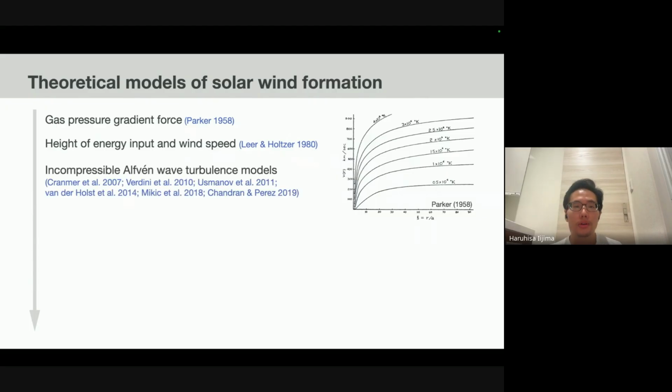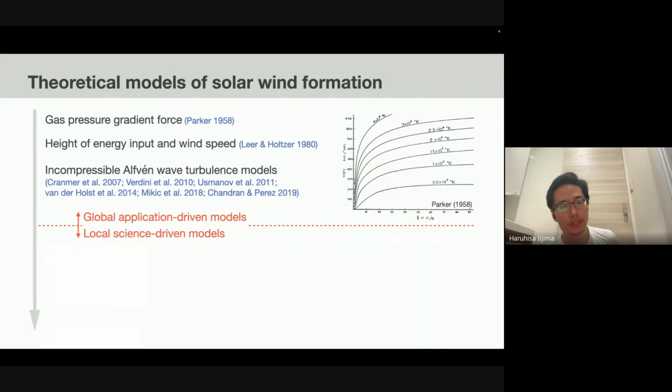In order to input the energy in the higher layer of the solar atmosphere, the Alfvén wave is a very important energy carrier. Incompressible Alfvén wave turbulence models have been suggested as a framework to model the solar wind formation.